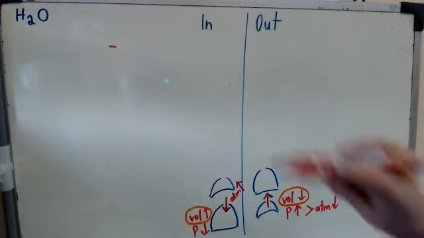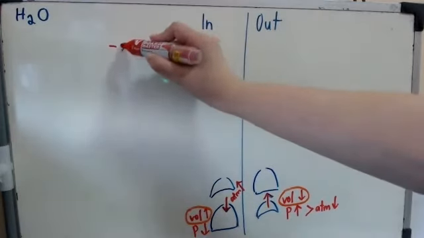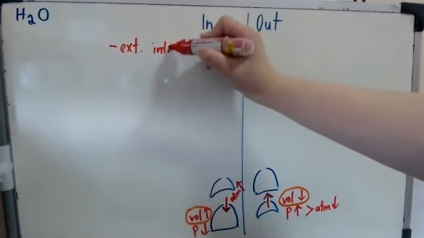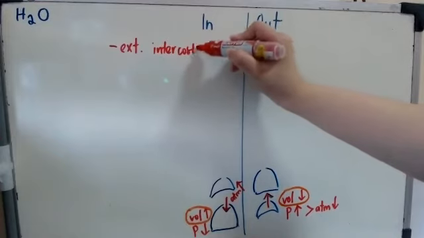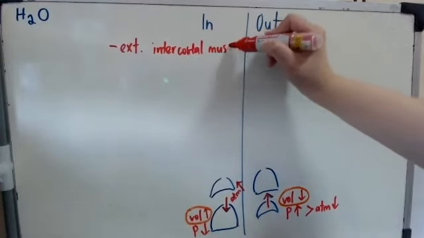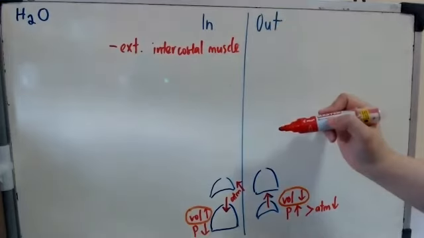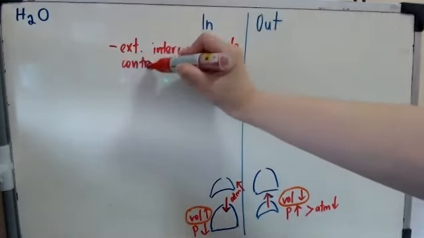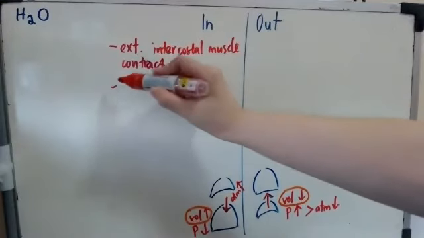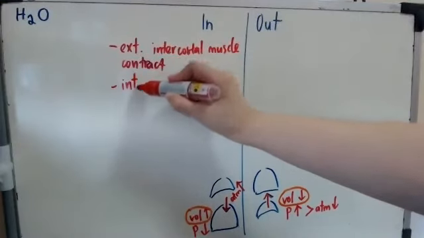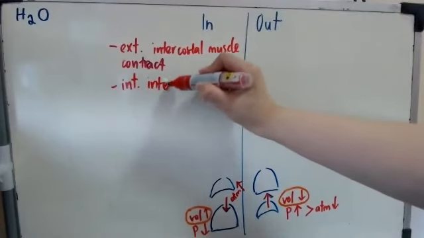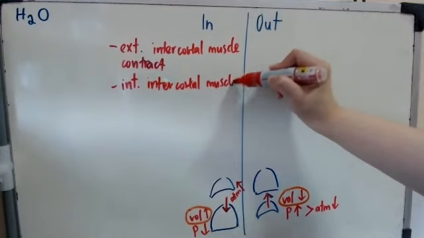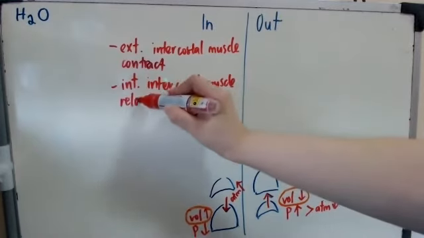So what we do is our external intercostal muscle, this is a short form, our external intercostal muscle will contract. Our internal intercostal muscle will do the opposite. It will relax.